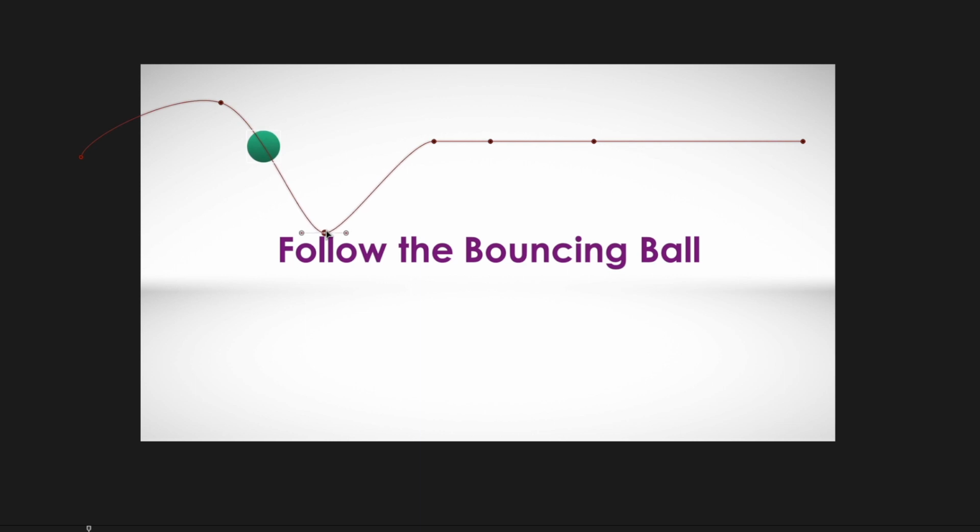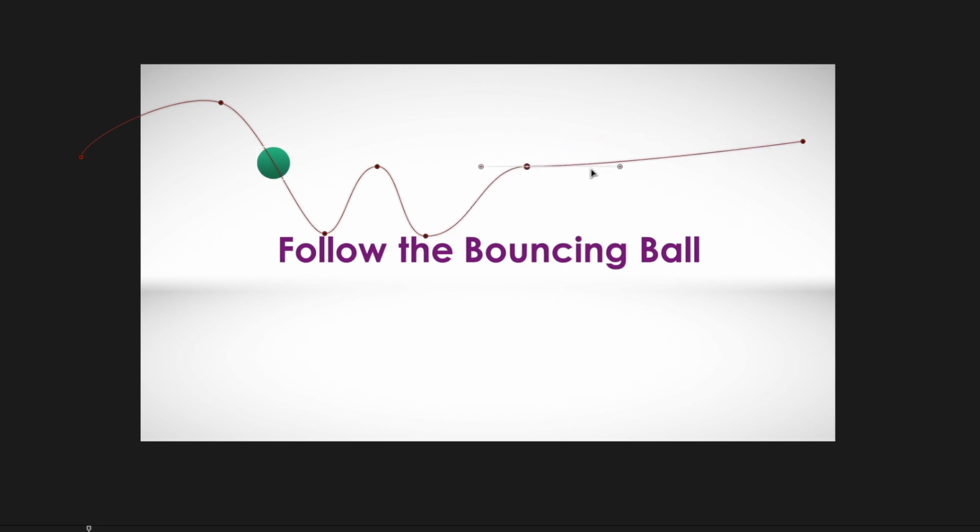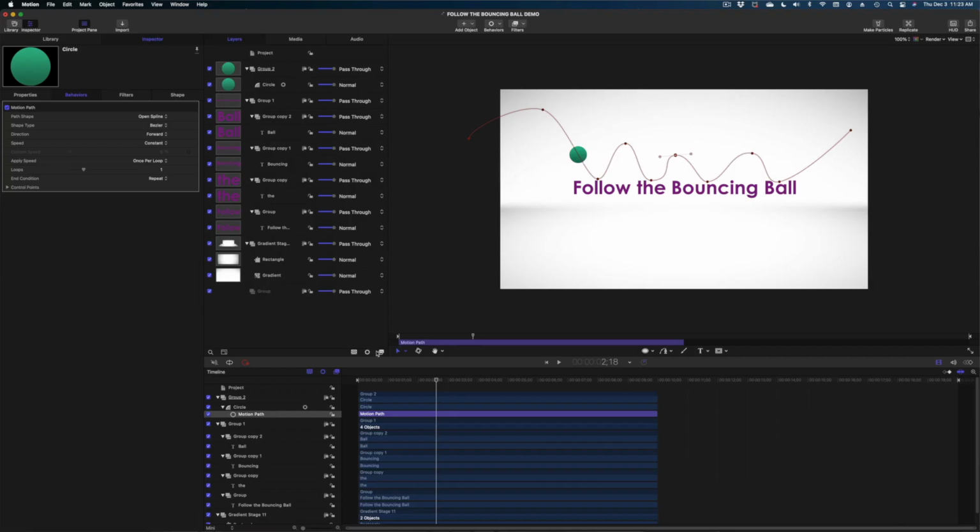And so we've got kind of a more natural curvature to our motion path. And so what I'm going to do is I'm just going to keep adding points along my path. So we're really replicating the way a ball would actually move in real life.